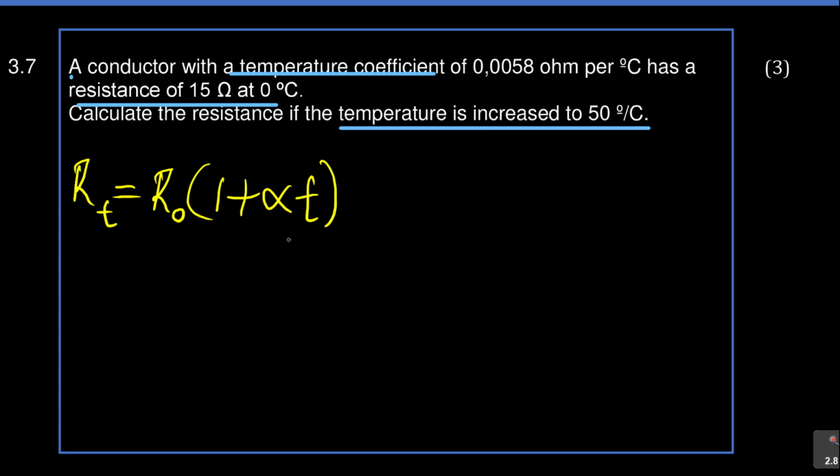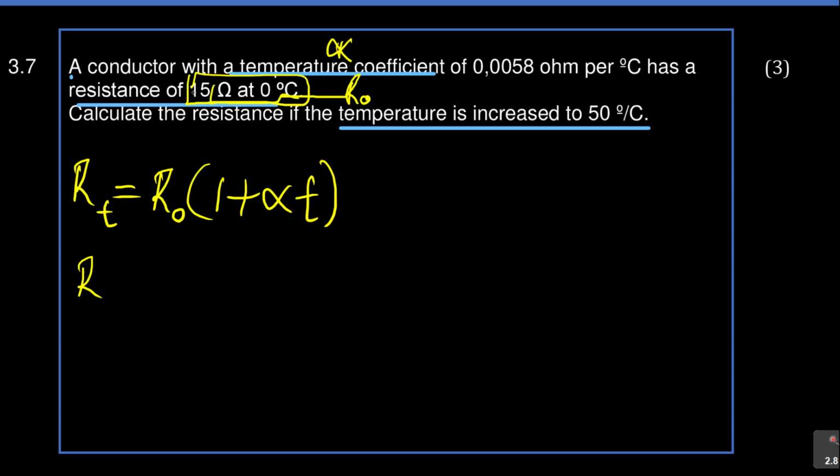Now I'm just going to work this faster. Why? Because the units are already good for me. Look at this, the temperature coefficient is your alpha there, per ohm meter, has a resistance of 15 ohms at 0 degrees. So when they give you 0 degrees, it is your R0.